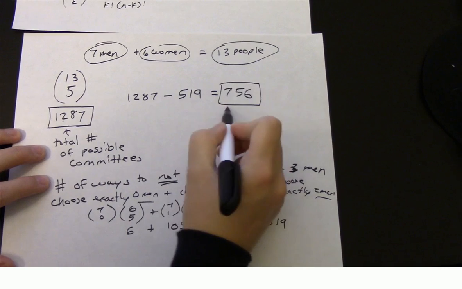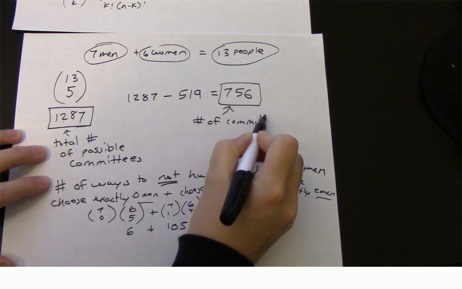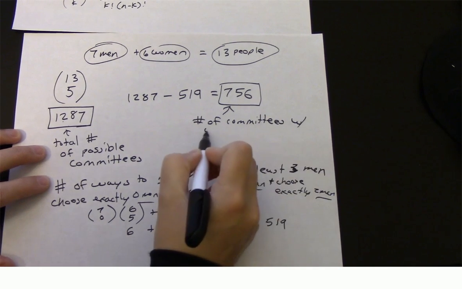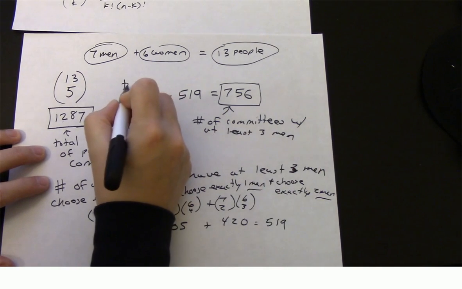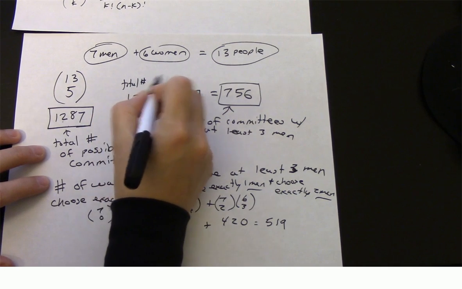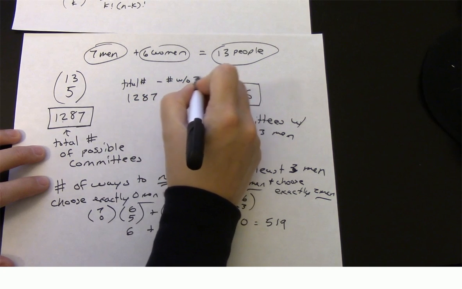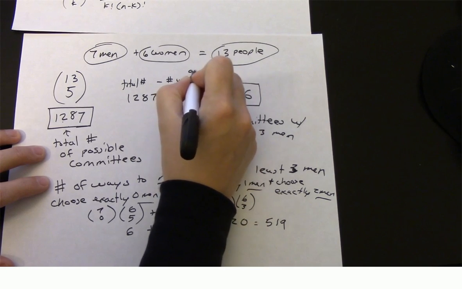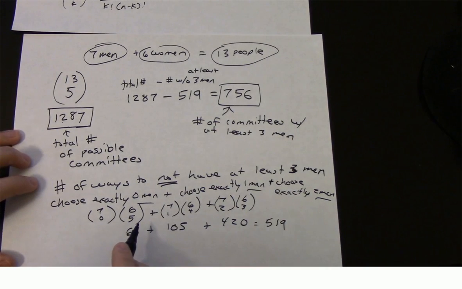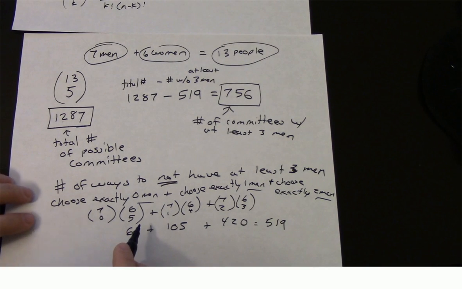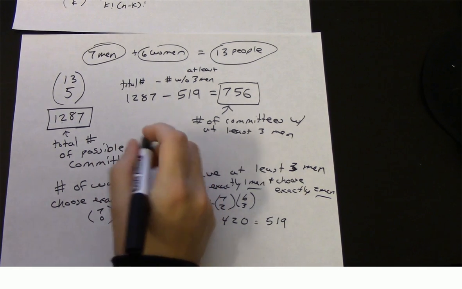So this is the number of committees with at least 3 men: the total number minus the number without at least 3 men. Let me just draw a little diagram to help visualize this.